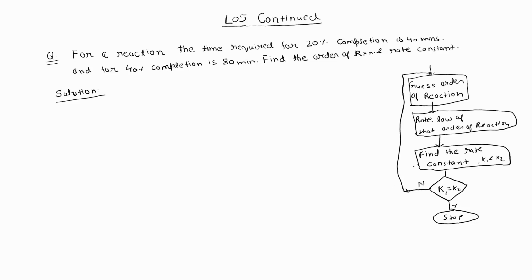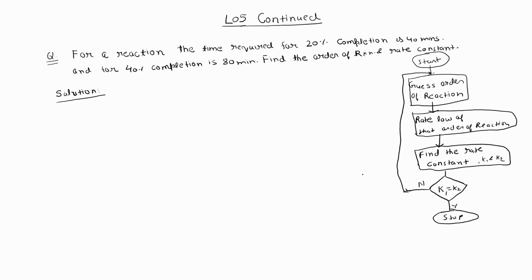So this is the algorithm: first we guess the order of reaction, then use the rate law expression for that order, then from that rate law and the given question, we find the rate constant. If the rate constant from both the data is similar, then we have the order of reaction. And if it is not similar, then we have to guess it again.